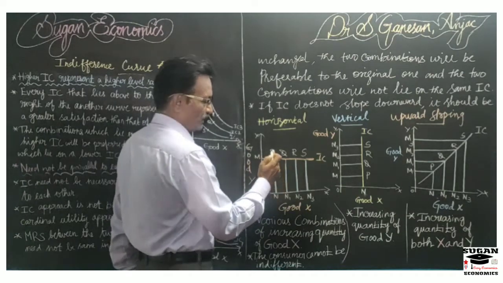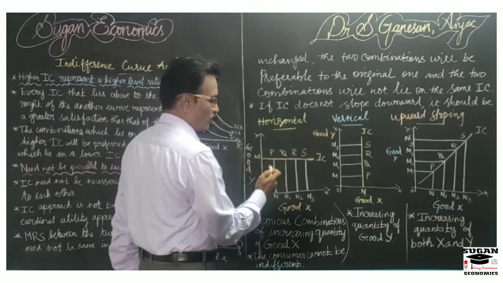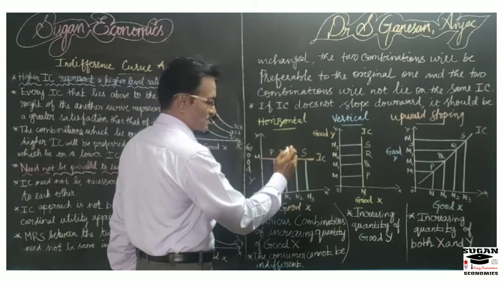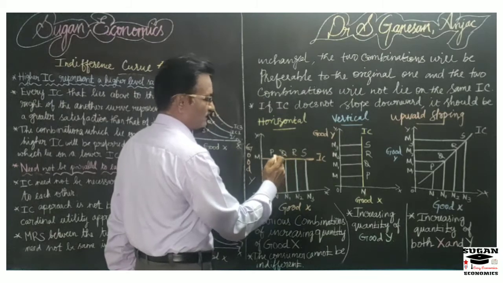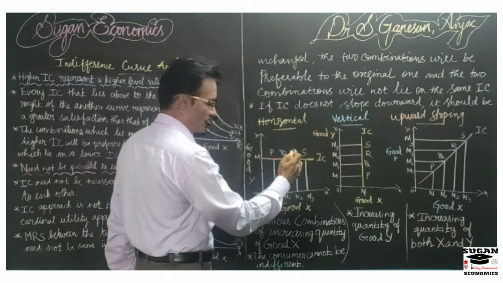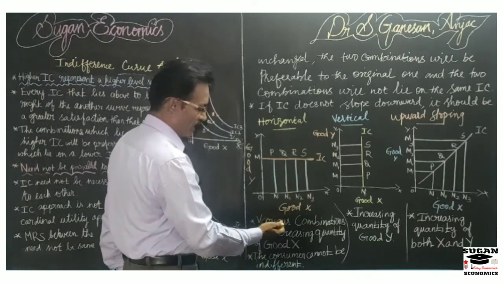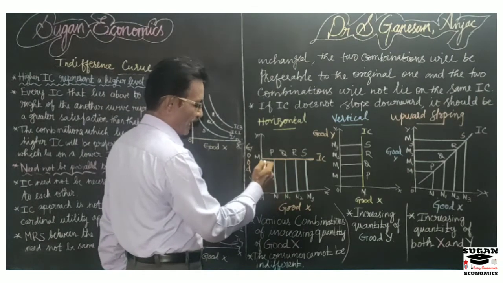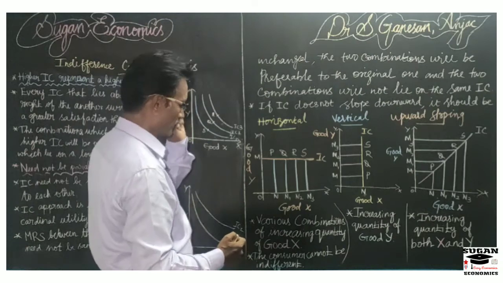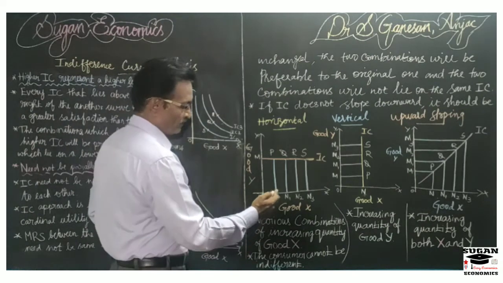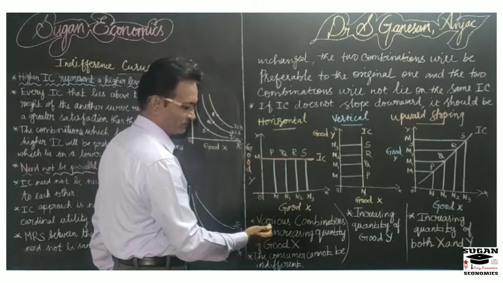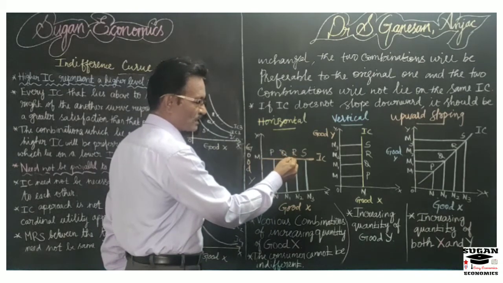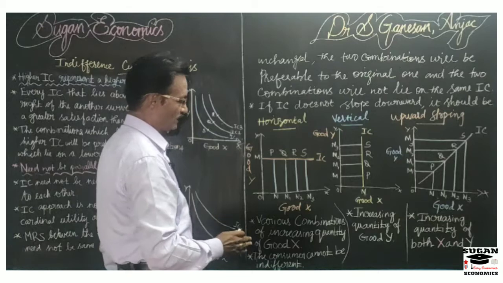So here, if an individual moves from point P to Q or S, the combinations after P, that is Q or S, are giving more satisfaction than the previous combination, that is ON and OM amount of good x and y. So here the consumer is not indifferent. Normally, when we take points on the indifference curve, they provide the same level of satisfaction.